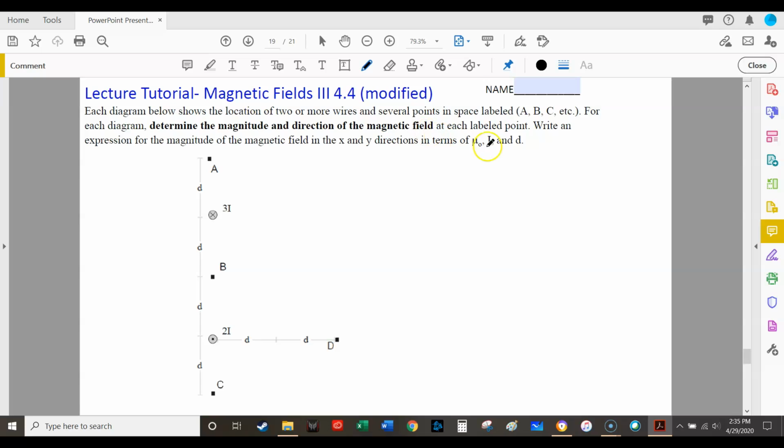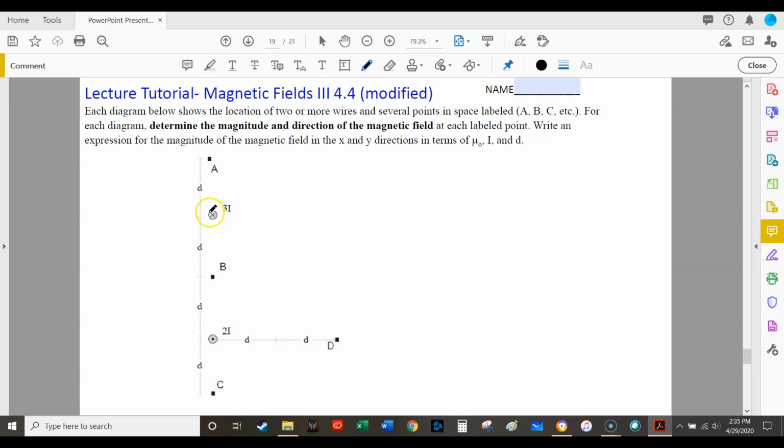When you represent the magnitude of the magnetic field, you're going to have an answer in terms of mu naught, I, and d. So let's do A together, and then I want you to try B, C, and D by yourself. Okay?